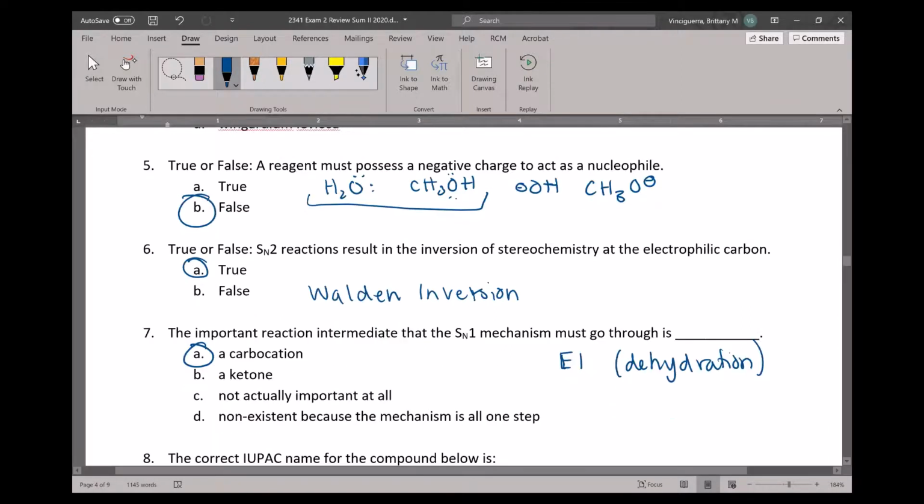And then also remember that addition to alkenes, the acid catalyzed ones tend to go through a carbocation. So adding like HX or acid catalyzed hydration, just listing out other things that go through carbocations.